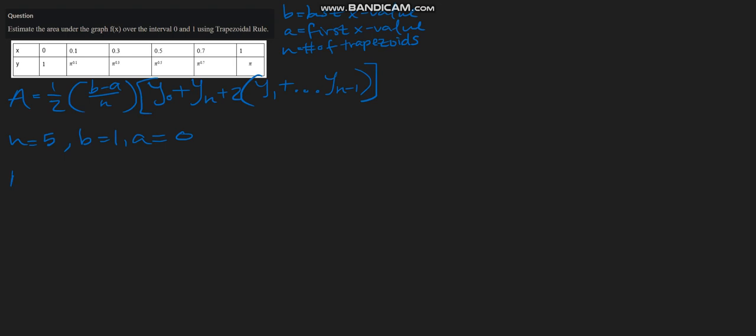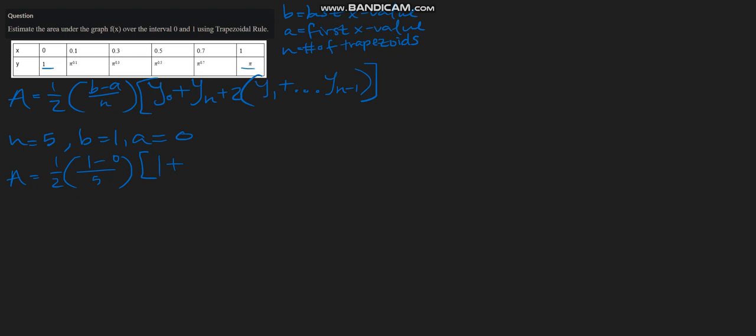So we have the area equals 1/2 times (b, which is 1, minus 0) all over 5, and now we do the bracket. This first y is the first y value, which can be seen over here. So 1, and now this yn is the last y value.